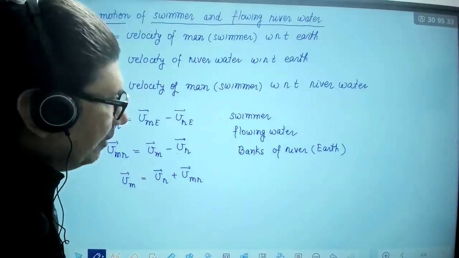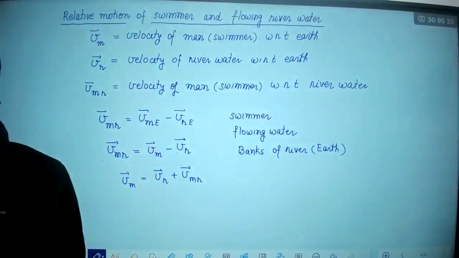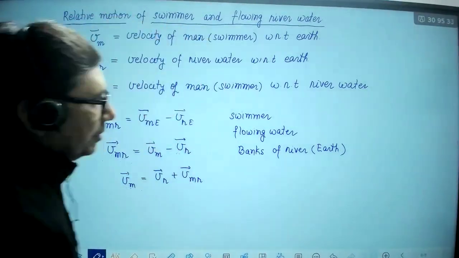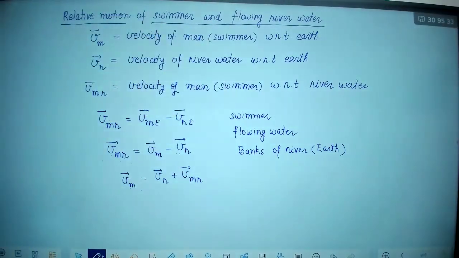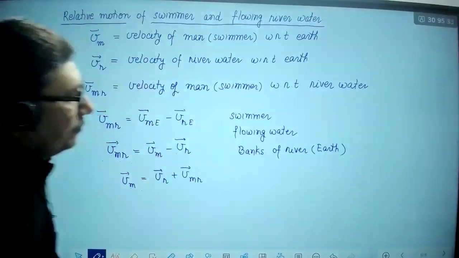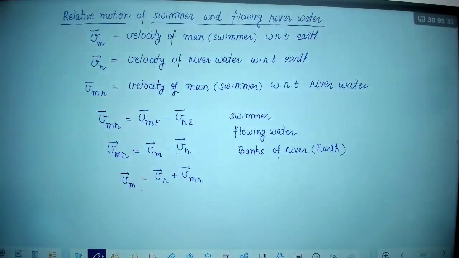So there may be different cases. Please note it down. Case 1. So I divide all these cases.